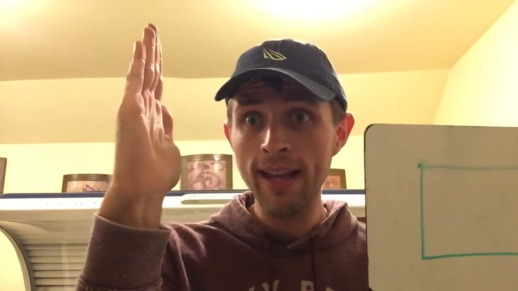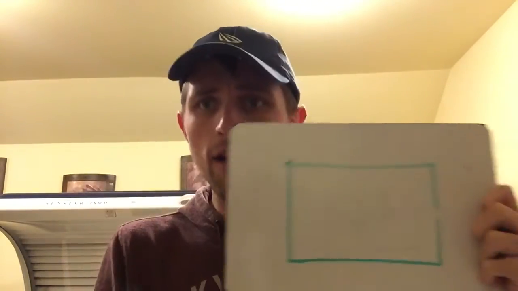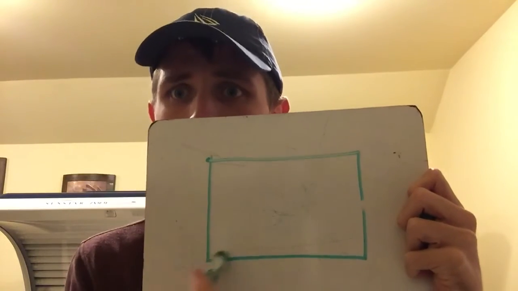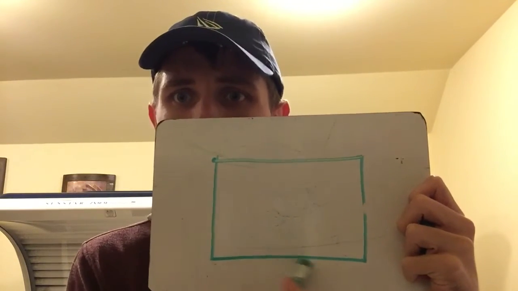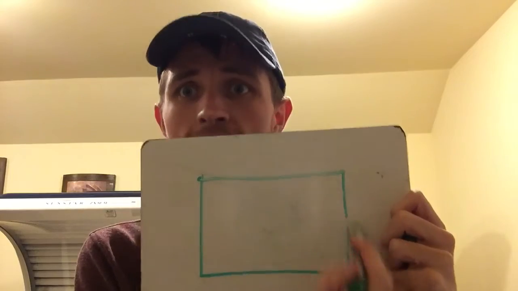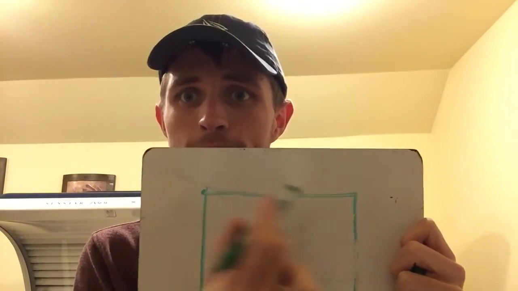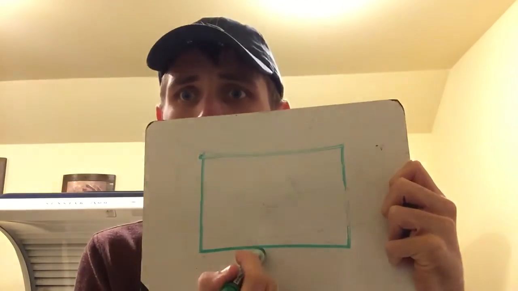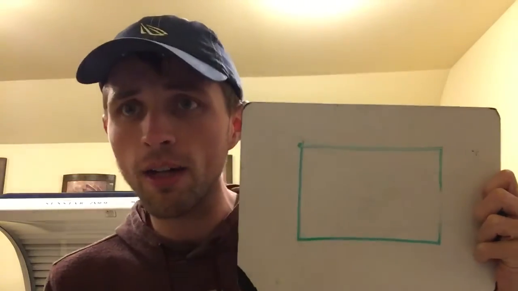And remember, length is how tall, width is how wide, right? So this right here would be the length. This right here would be the width. This would be the length, and this would be the width. So these two are the width, these two are the length. Are you with me so far?